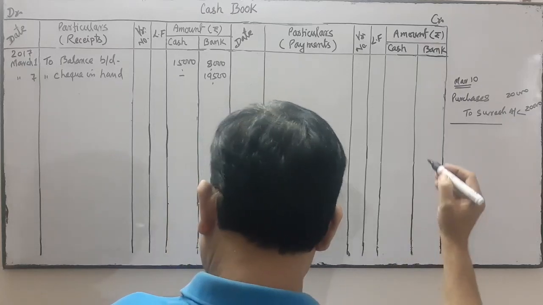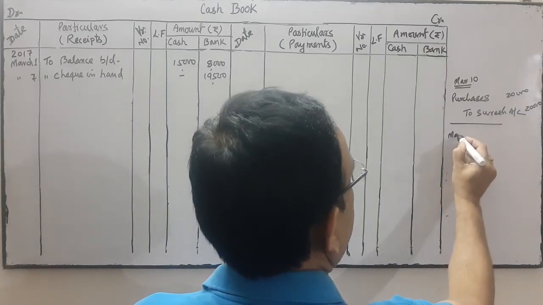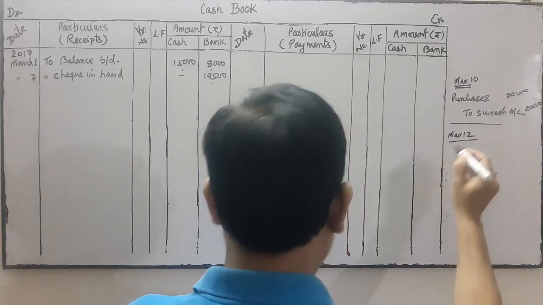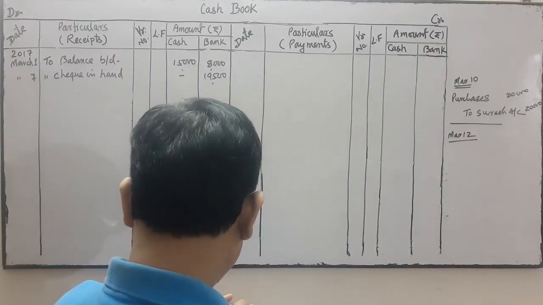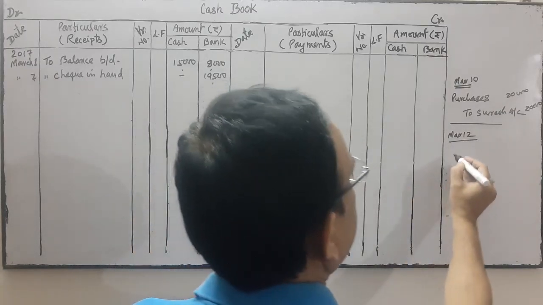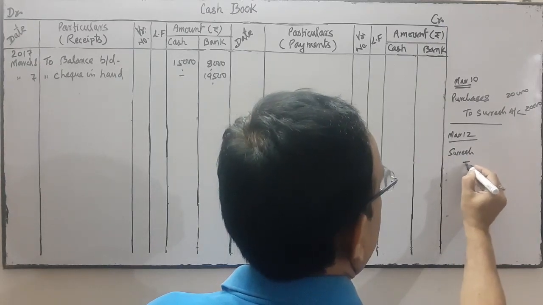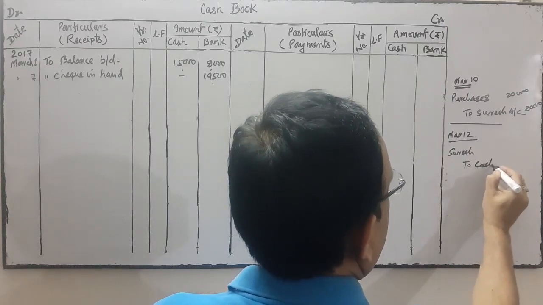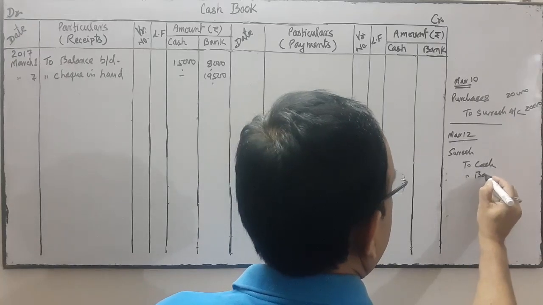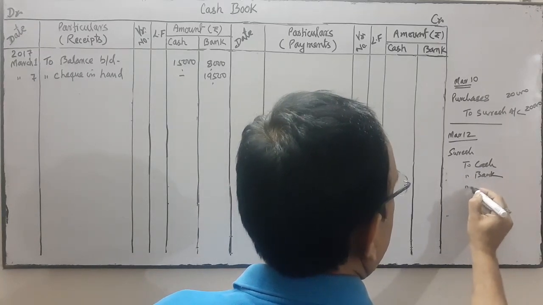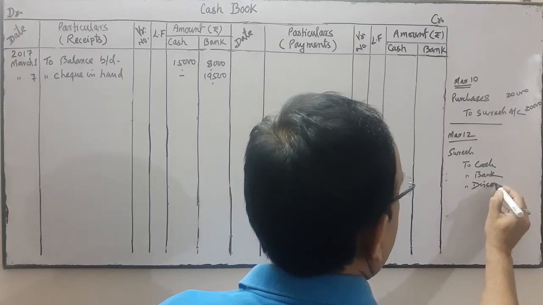Thereafter on March 12, see the entry: payment made to Suresh, half in cash and half by check. Suresh account debit to cash account, to bank account, to discount received.